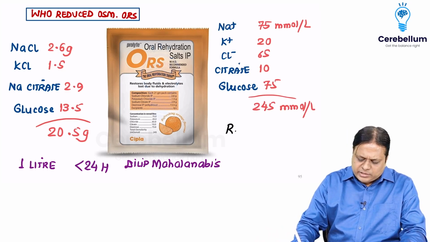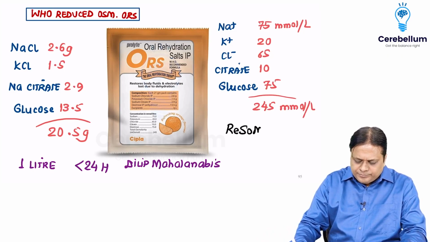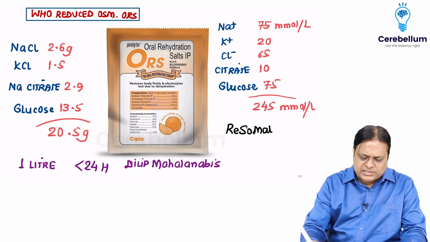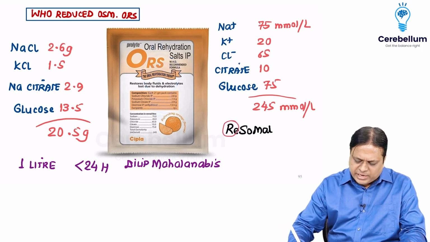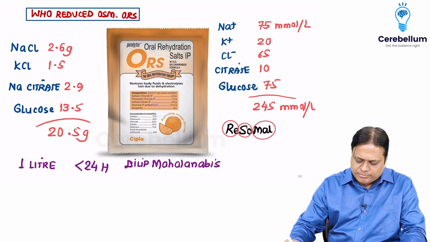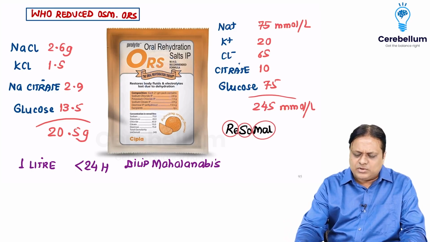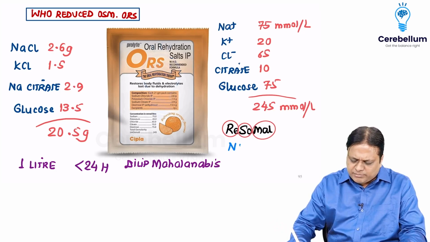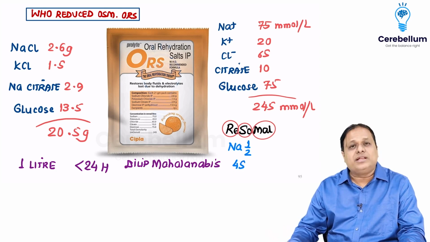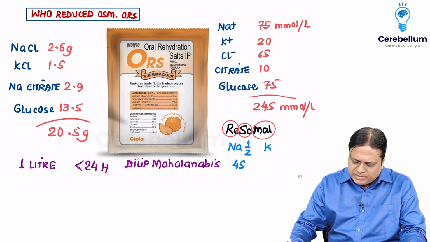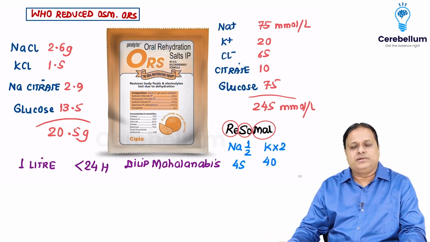If you look at ReSoMal, ReSoMal is actually a rehydration solution for the malnourished. This is an ORS where sodium is halved to 45 millimoles per liter and potassium is doubled to 40 millimoles per liter.